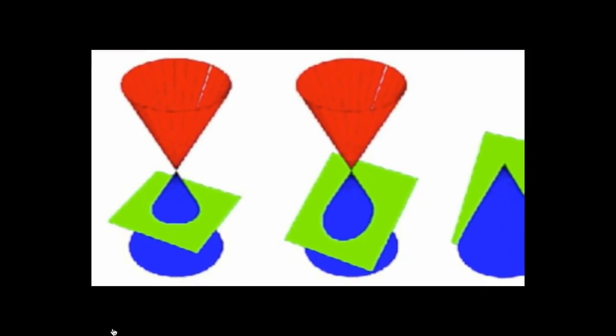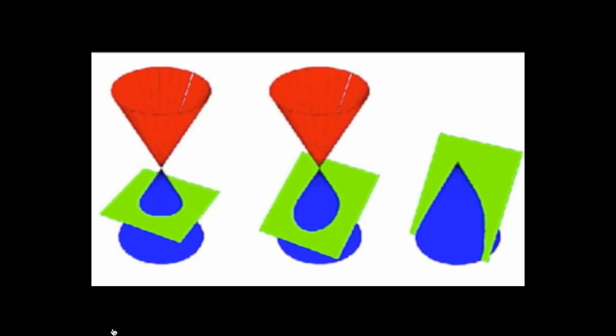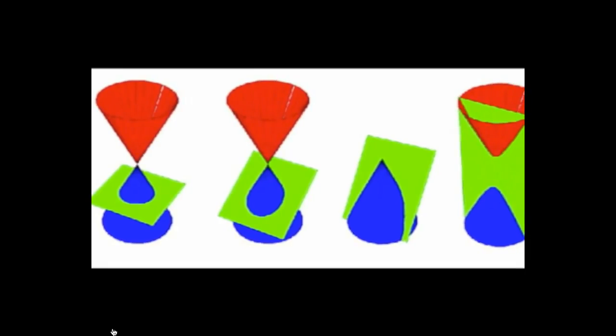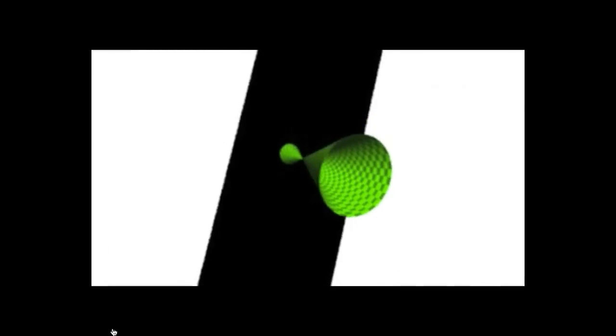A conic section is created when a plane intersects one or two cones. What can result from this intersection is a circle when the plane is perpendicular to the axis and goes through one of the cones.